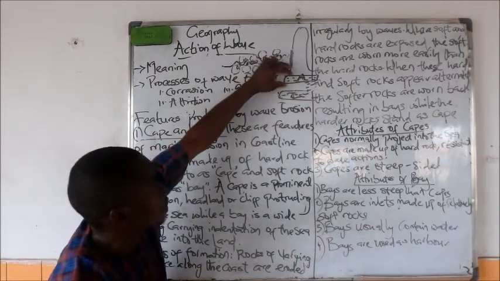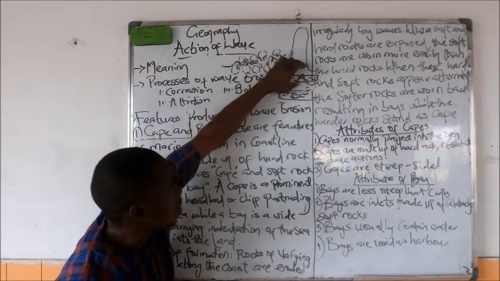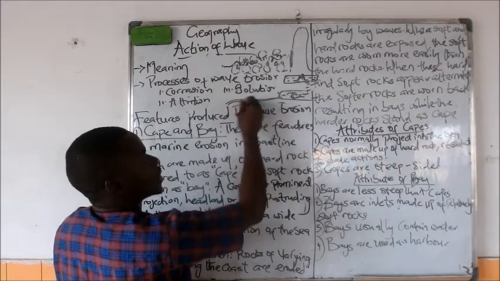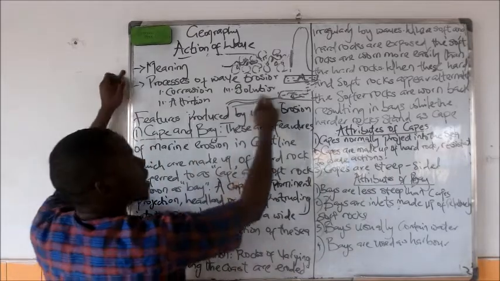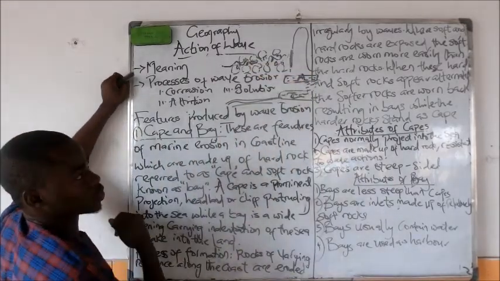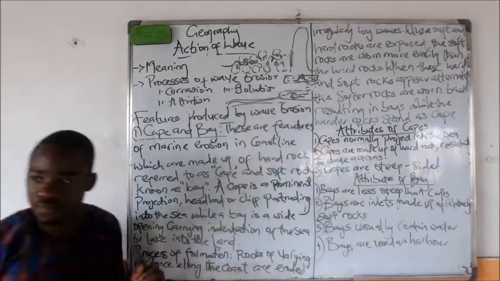Now, this side is protruding toward the sea level. Let's say this is the sea level. So where the sea level is, this one tends to protrude out because this one has been washed out due to erosion.